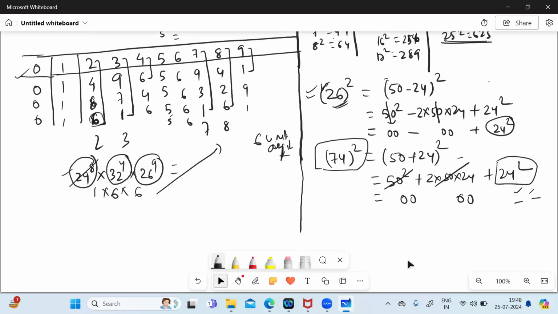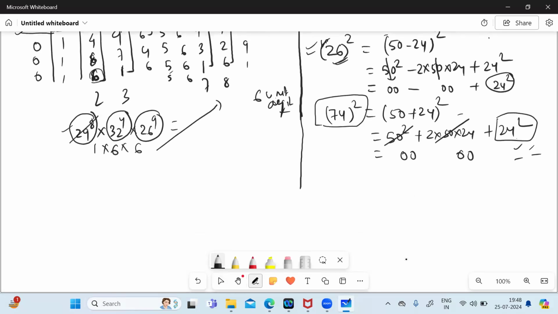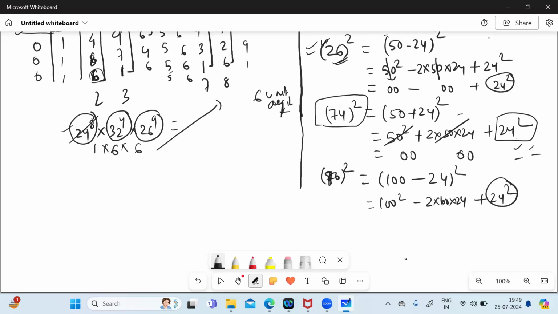Similarly, I can take one more number, 76 square, and we can convert 76 into 100 minus 24. By the same logic, the last two digits of 76 square will be the same as the last two digits of 24 square.